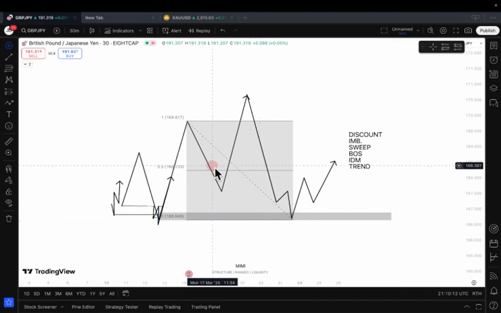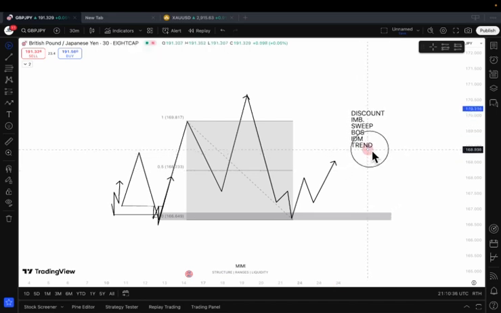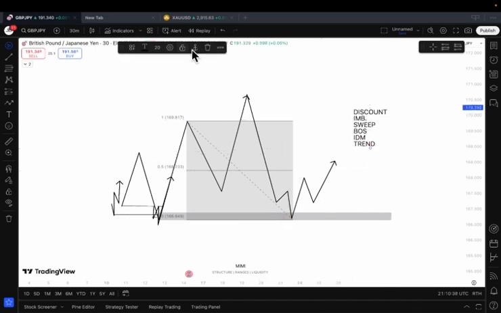If you check, and this particular pair loves coming down after grabbing liquidity and then buying directly from the point of interest, fine, you are good to go. But if you miss this one, you have different ways to follow it up, except it doesn't come back to trigger. But I do not enter directly from the point of interest.